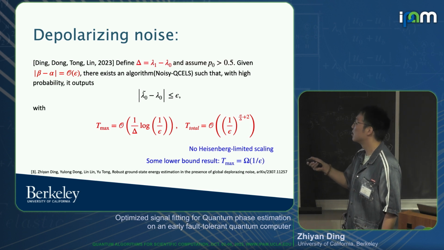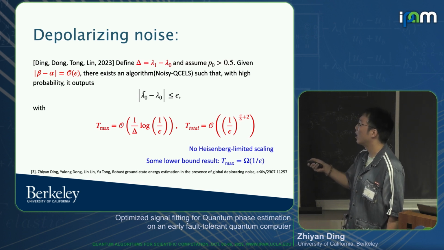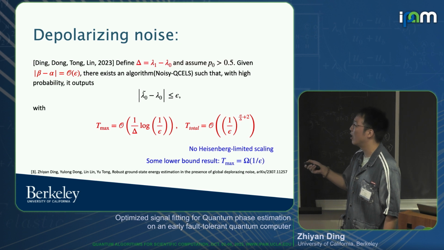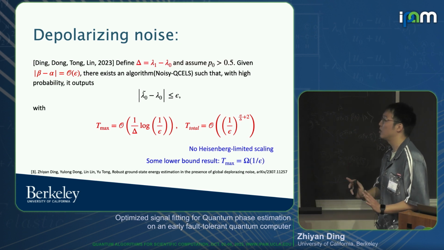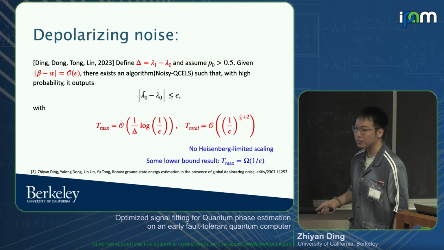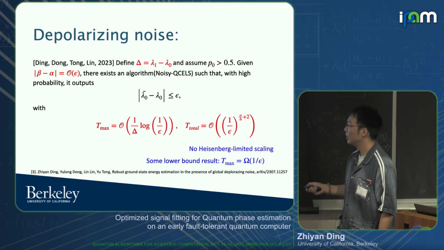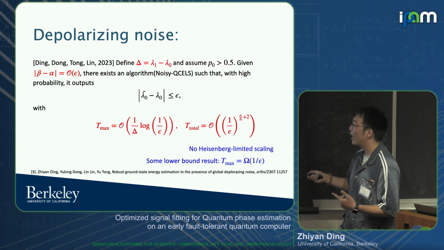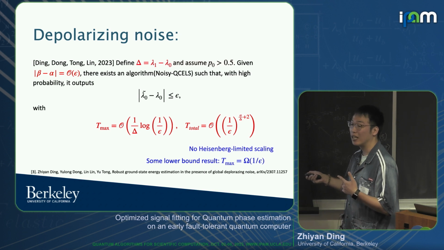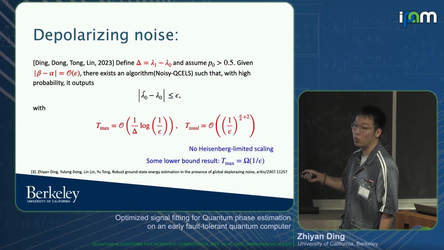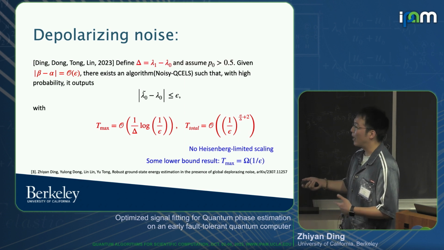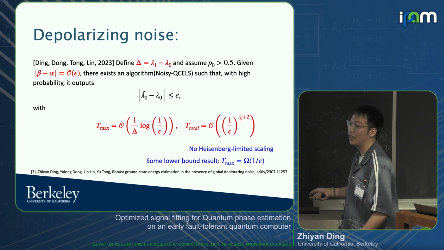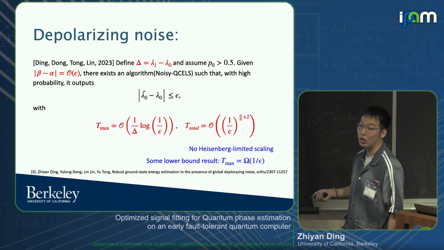But how to get the 1 over epsilon squared, we still don't know up to now. You mean the lower bound for T total, not Tmax? Yeah, right. If you want to get the Heisenberg limited scaling, your Tmax must be order 1 over epsilon. Then by the previous analysis, you cannot get T total to be 1 over epsilon.